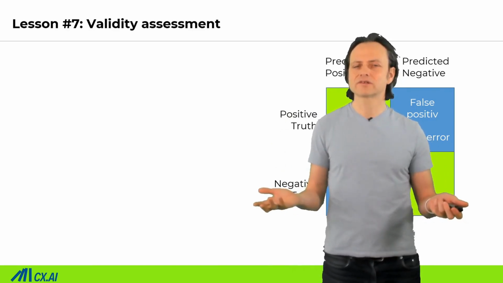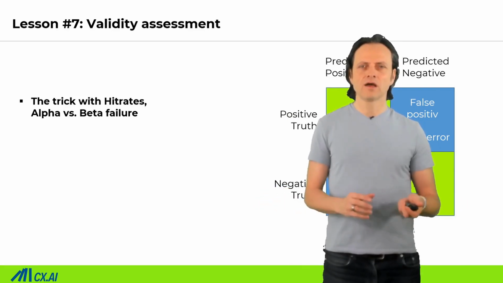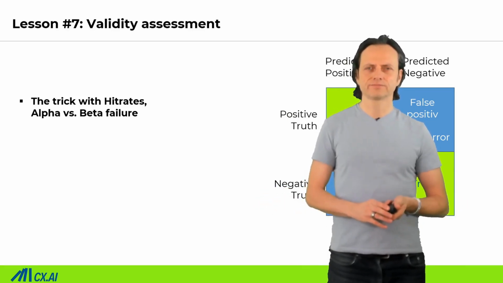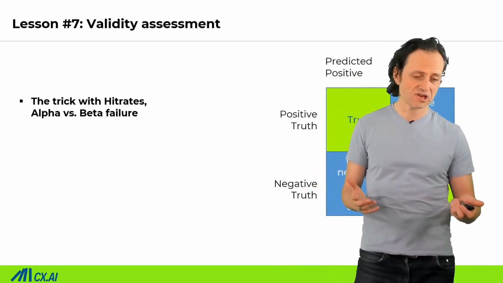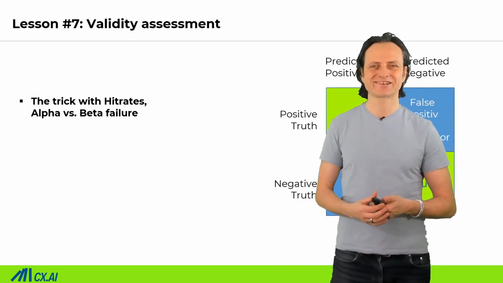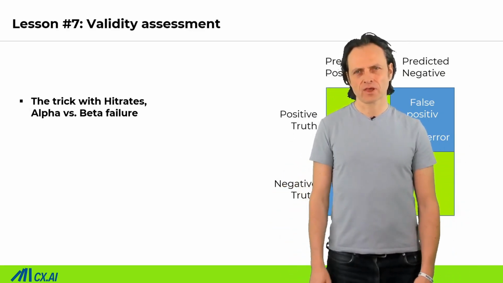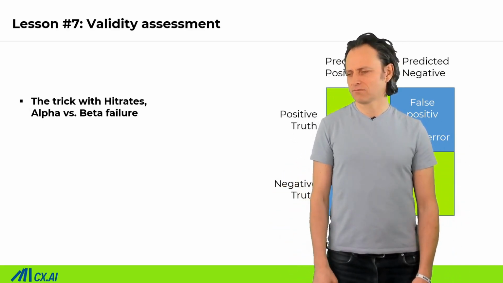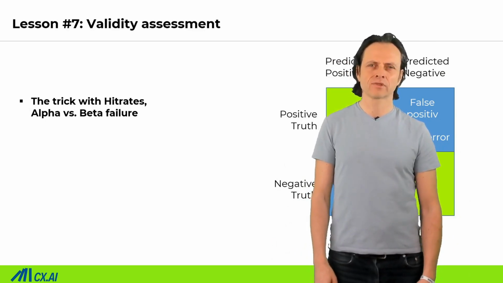Is the categorization correct? And there is a trick, which some, especially consultants, actually use. They brag with high hit rates, when actually hit rates must be calculated the right way.